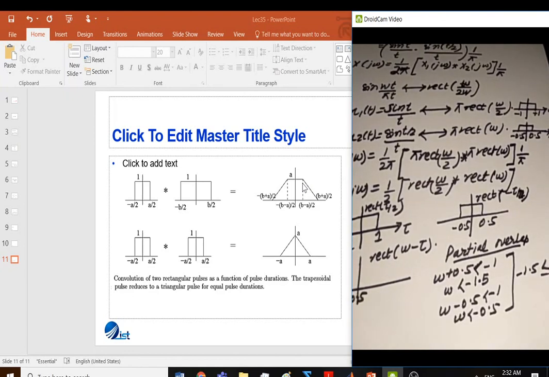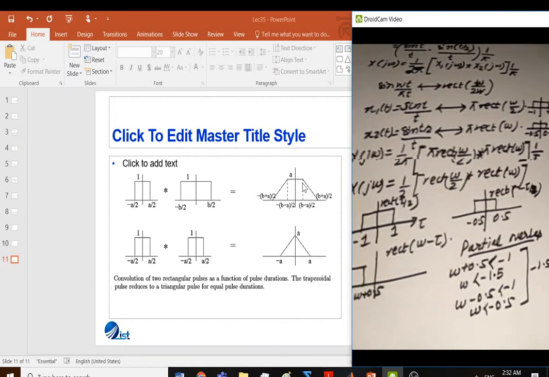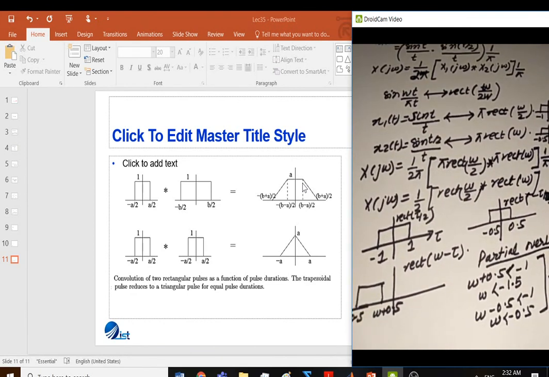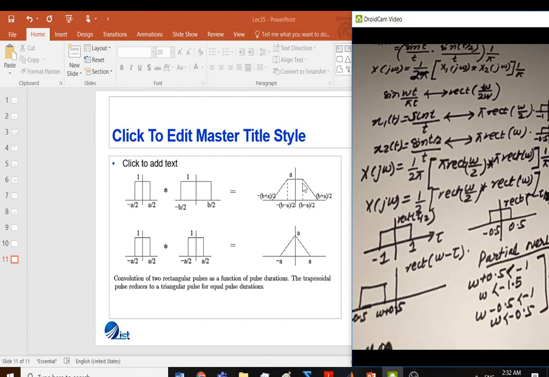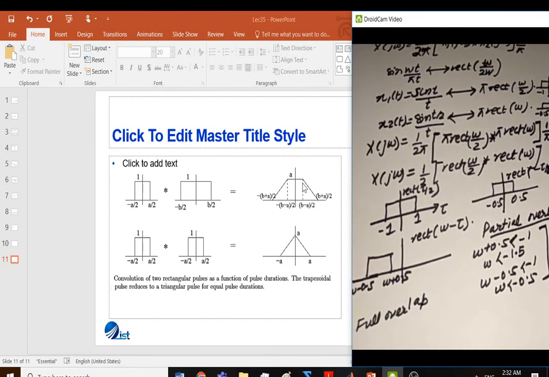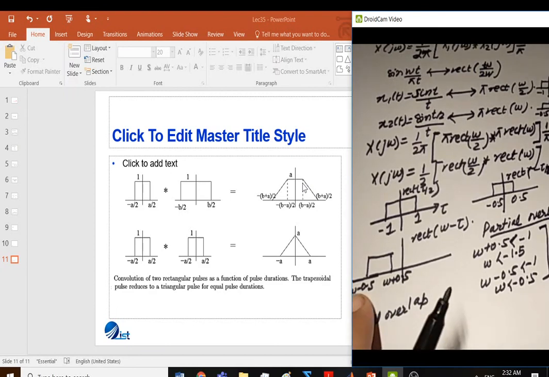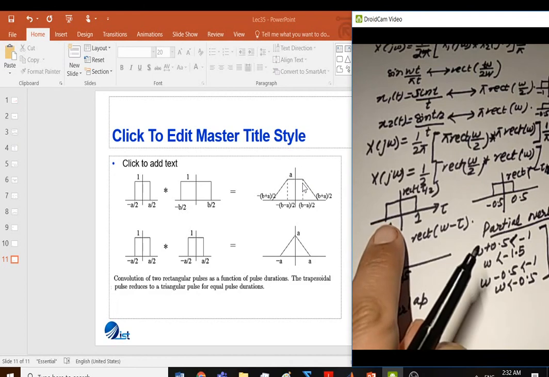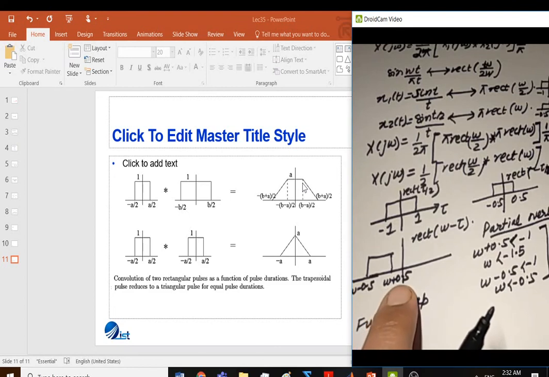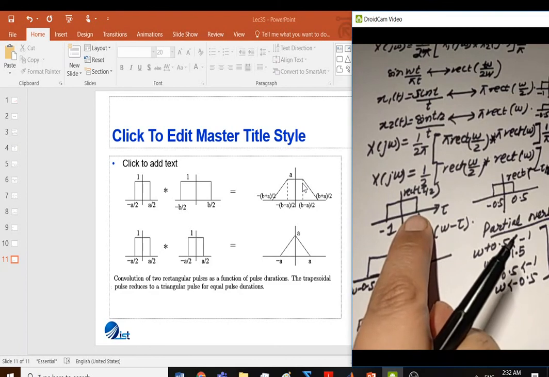Then we have a region of full overlap. This full overlap will start once omega minus 0.5 fully overlaps with this function, and this will continue till this leading edge, omega plus 0.5, goes beyond this 1.